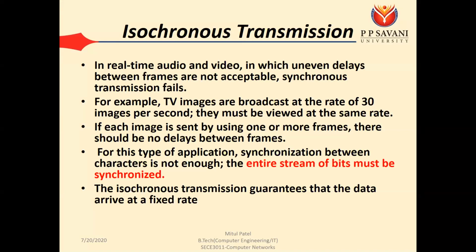So let's say if your HDTV consists of 1000 pixels, 1000 cross each pixel consists of 24 bits, so 24,000 bits. એક સાથે જ્યારે 24,000 bits ના આવી જાય ત્યાં સુધી matlab it is creating a frame of 24,000 bits. So the frame size is very much larger in case of the isosynchronous compared to the synchronous. In such cases the entire stream of bits must be synchronized.